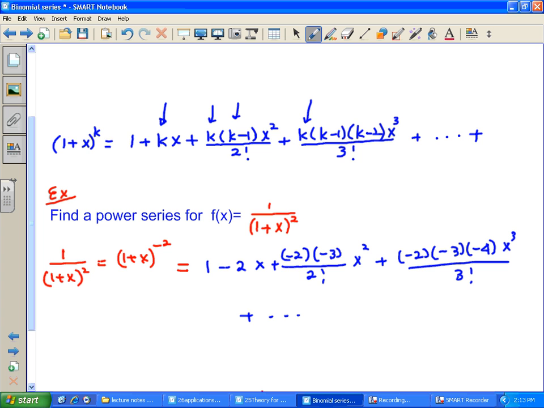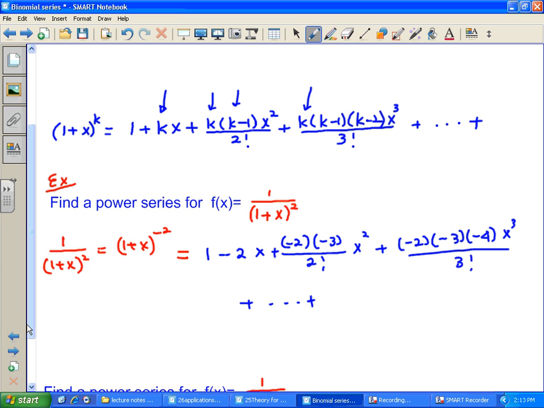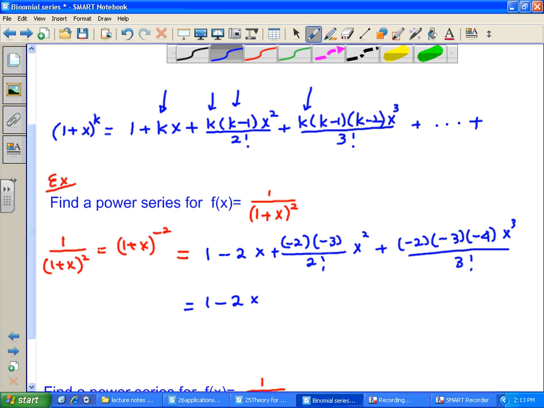And if you simplify this, what do we get? 1 - 2x. What's the next term going to be? Plus 6 over 2, which is plus 3x squared.